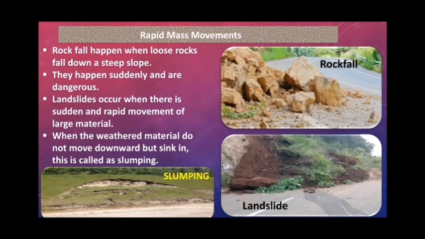Example, the mudslide at Malin village of Pune district. Sometimes the weathered materials do not move downwards but sink into the same place. They do not go down. This is called slumping. Such rapid mass movements may also occur because of earthquakes.